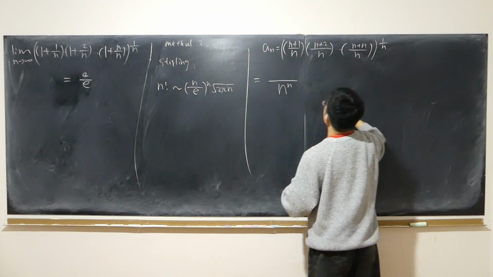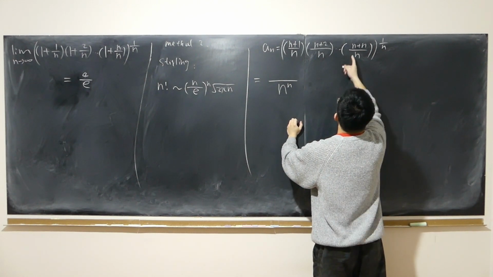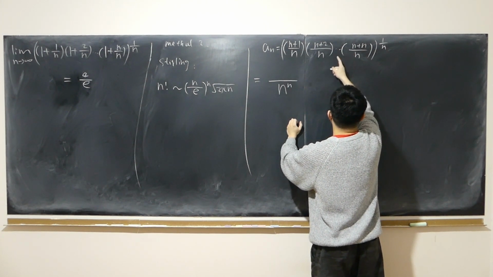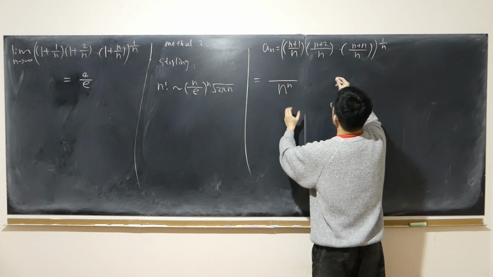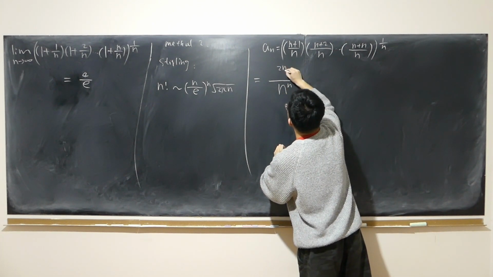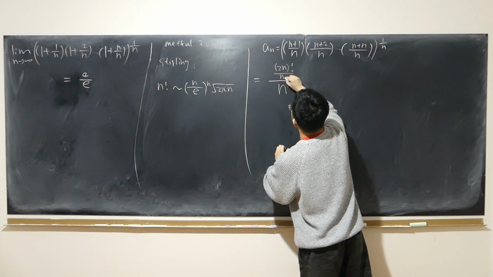N to the power n. Up here I have n plus 1 times all the way up to 2n. That is 2n factorial over n factorial.